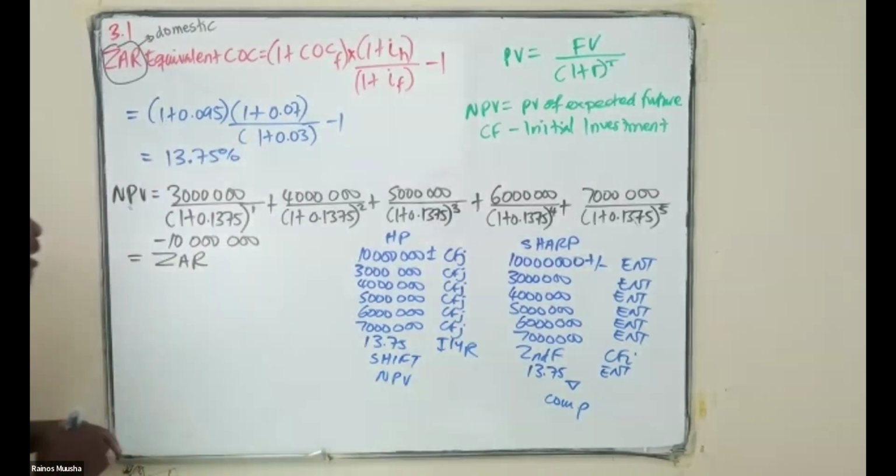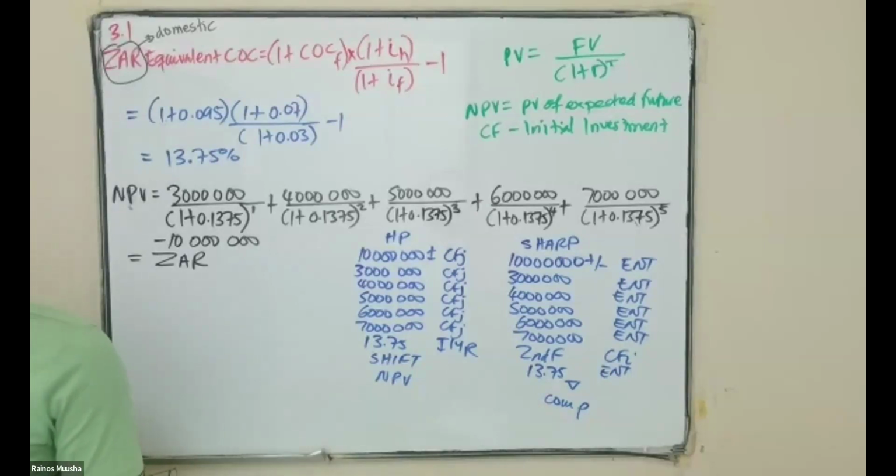So how much do you get as the ZAR net present value? How much do you get as the net present value?